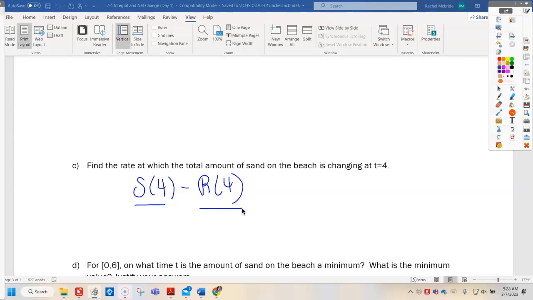But I don't think there's an easy way to do it. You could go to Y3 and do Y2 minus Y1 and then go to your table and plug in 4. But it's probably easier just to plug in figures.